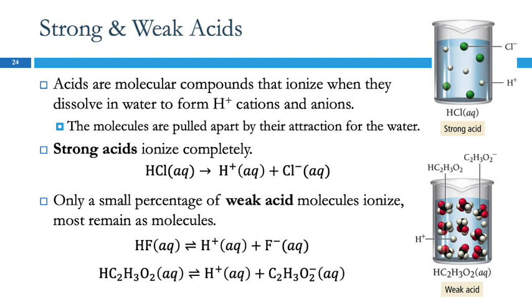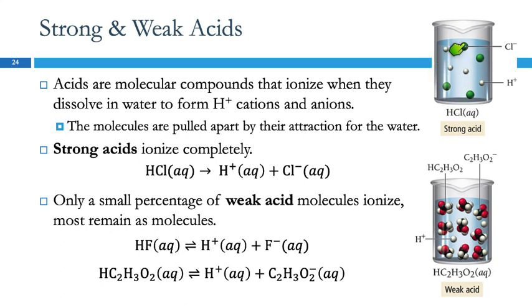We learned that acids are molecular compounds that form ions when you put them in water. So you put HCl into water, we call it hydrochloric acid now. It separates into hydrogen ions and chloride ions. That looks like an electrolyte, doesn't it?